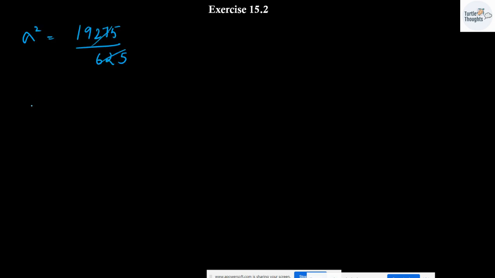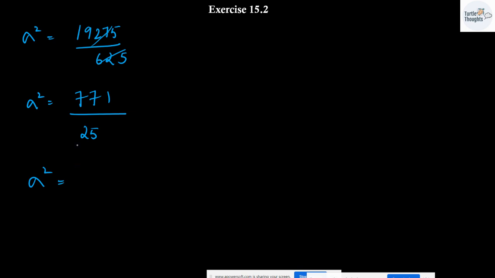Further you can cancel this. 192, 192 is going to be equal to 7 times 197, and the denominator is going to be equal to 75. 25 times 7 again, 49. 25 is one time. So again, if you solve this, you will be getting the value of variance.